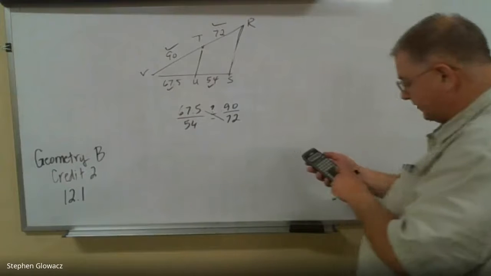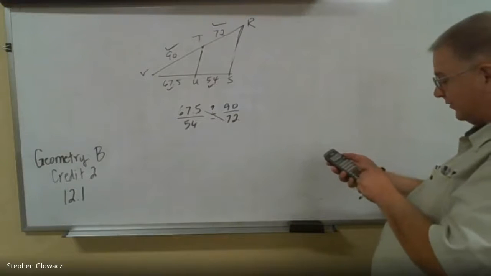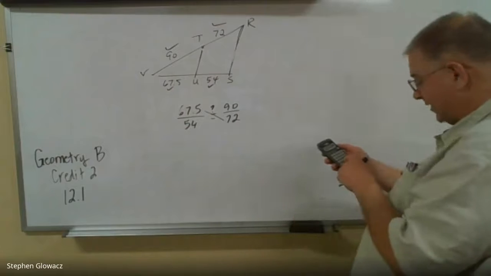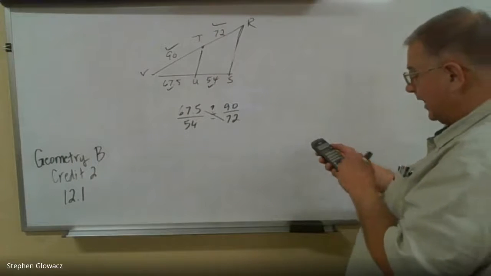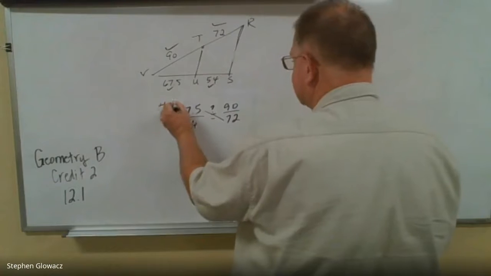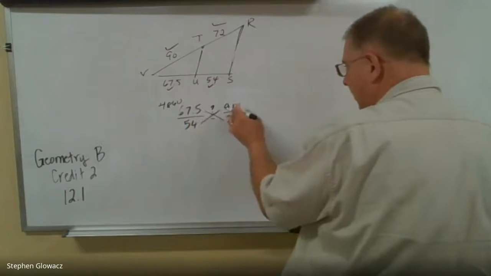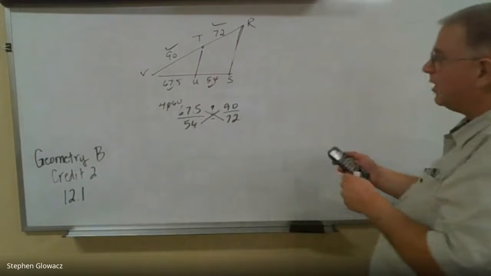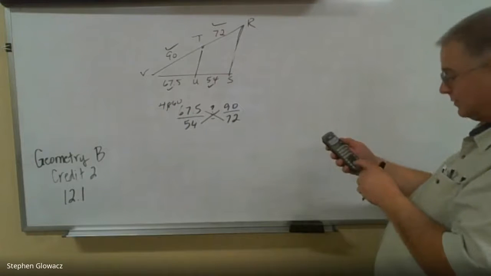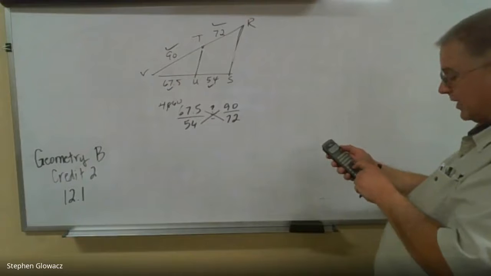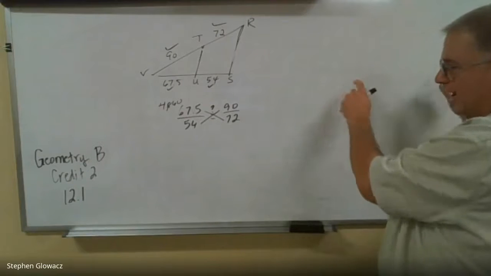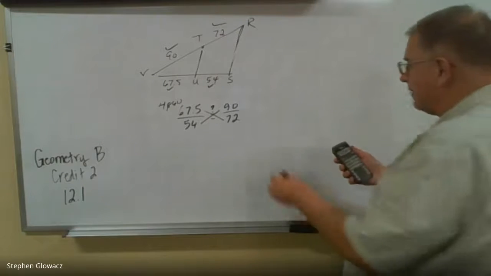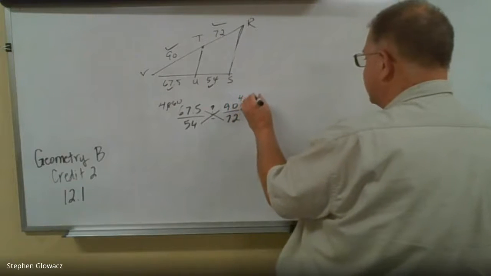So 67.5 times 72 is 4,860. So if we cross multiply the other way, and it's also 4,860, then we can say that TU is parallel to RS. So I feel like we should have a drum roll here as we test these. 54 times 90, yep, that is 4,860.